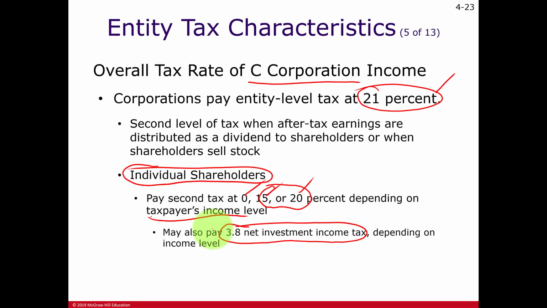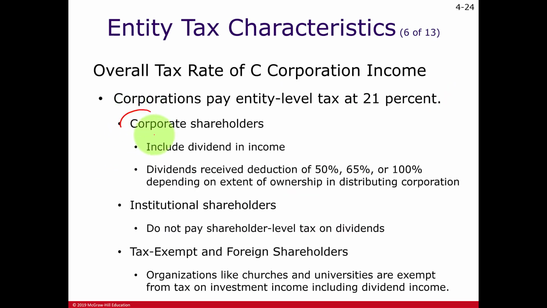If the corporation is paying a dividend not to an individual shareholder, but another corporation that owns shares in this corporation, that could even result now in a triple taxation of the income, where one corporation pays a dividend to another corporation.